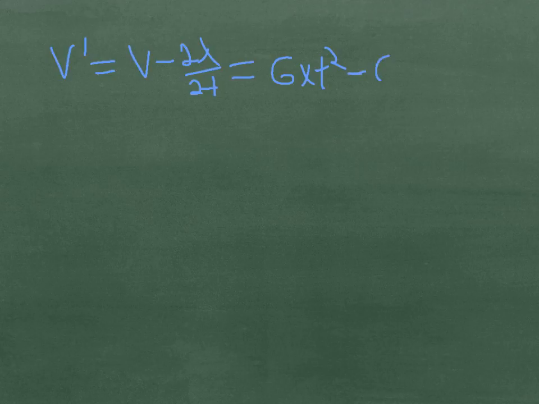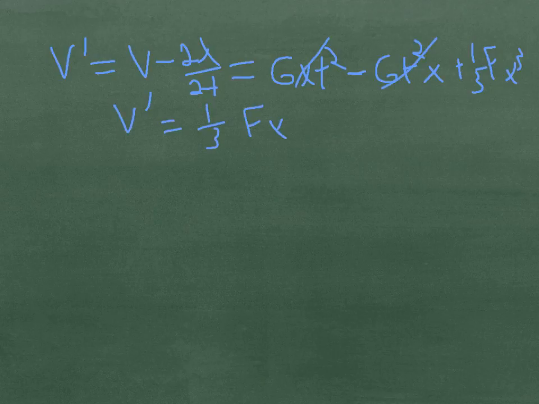That gives us minus g t squared x plus 1/3 f x cubed. You notice the first two terms cancel, and so V prime is equal to 1/3 f x cubed.